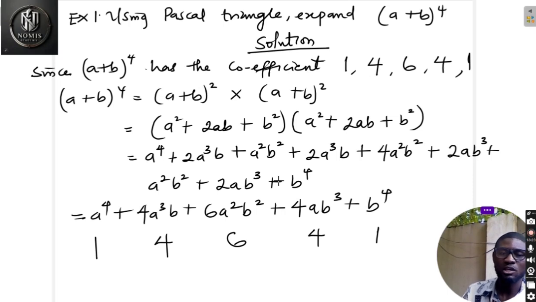Take your time to watch and study that you can expand a binomial without a lot of calculation, just by getting your a and b, or x and y as the case may be, raising to the power you are given, and then inputting the coefficients that Pascal's triangle has taught us.